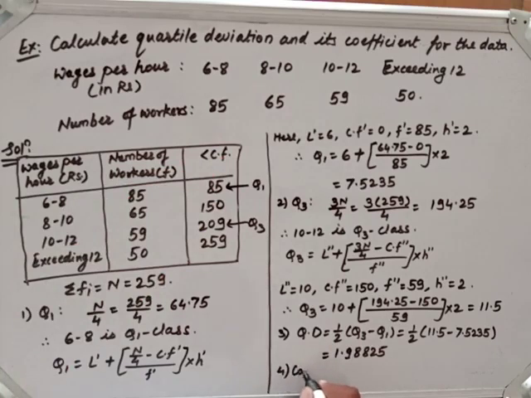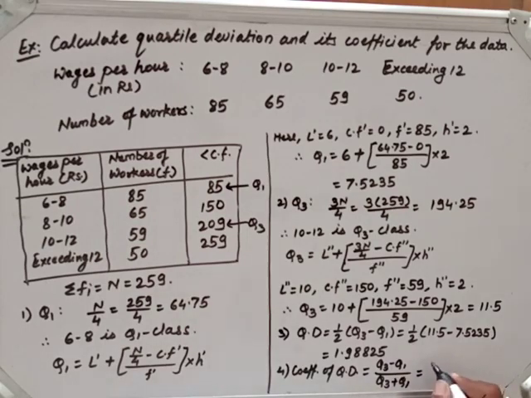Fine. Now the fourth one, the coefficient of quartile deviation. It is Q3 minus Q1 upon Q3 plus Q1. You can put in the Q3 and Q1 values.